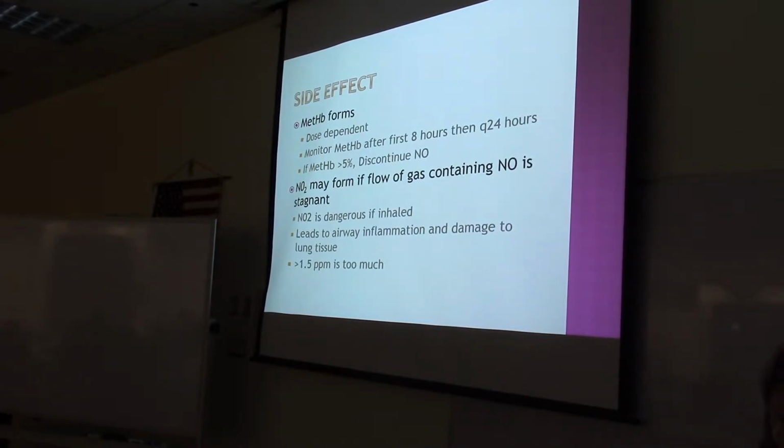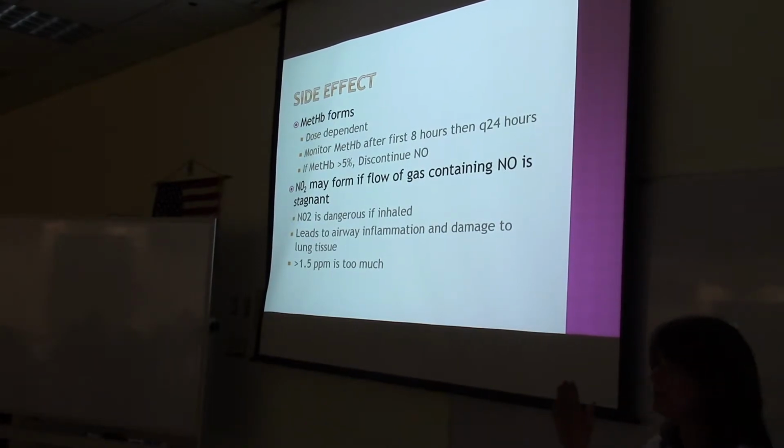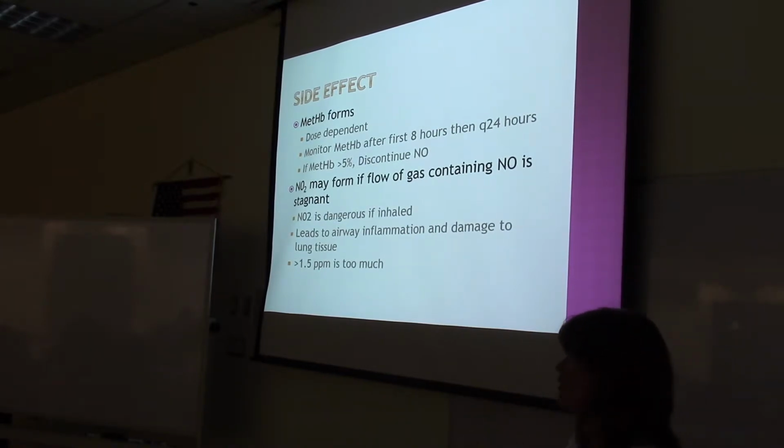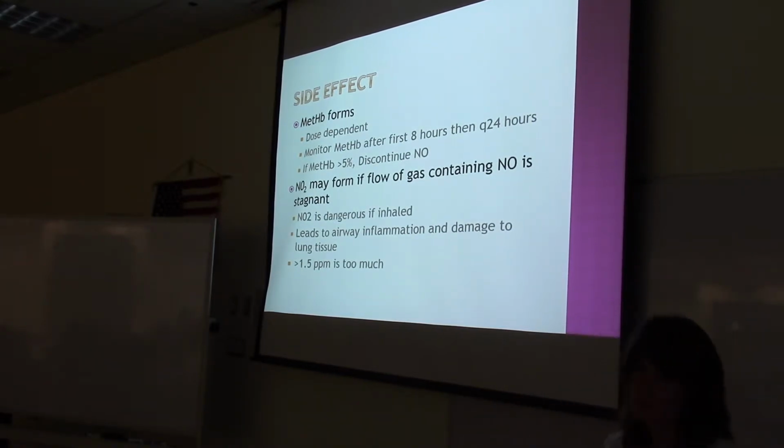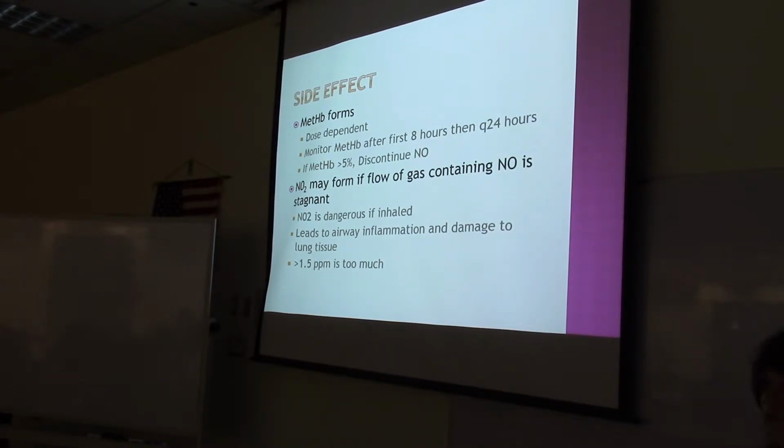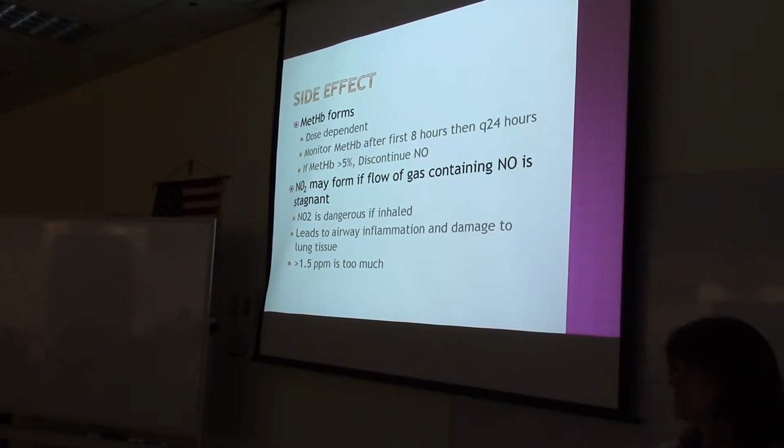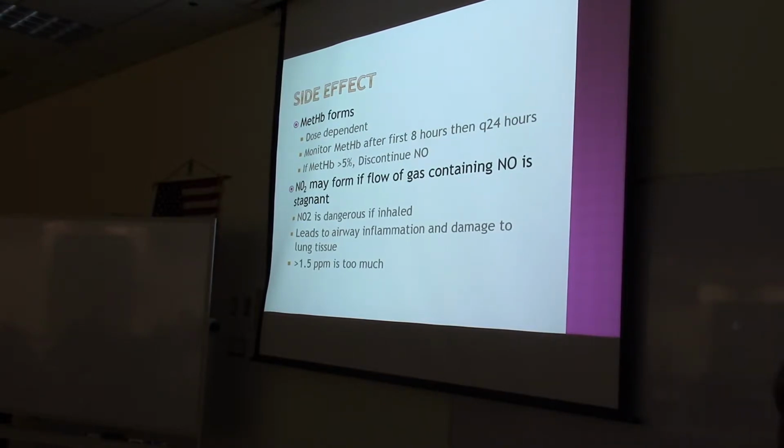So there is a side effect to having nitric oxide being delivered, and that is that methemoglobin forms. It's dose dependent, and what that means is the higher the level of nitric oxide being delivered, the more chances of methemoglobin forming. So it says to monitor methemoglobin after the first 8 hours of therapy, and then once a day after that.